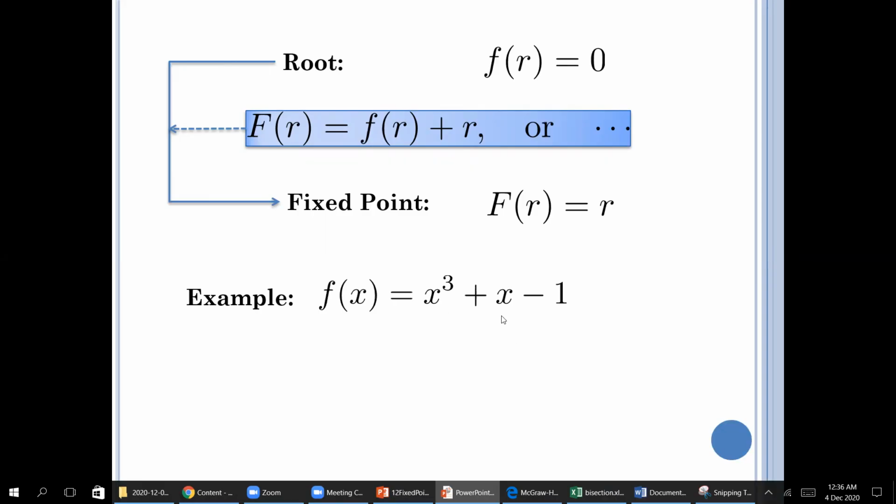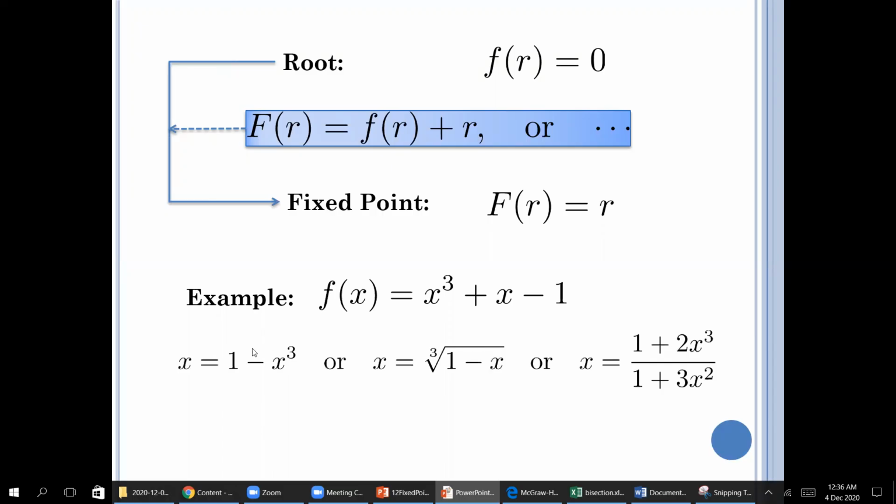So it could be rewritten as x is equal to 1 minus x cubed. Am I right? We're going to transpose. Since f at x is equal to 0, 0 equals x cubed plus x minus 1. So you transpose x cubed and minus 1 to the other side, and we have 1 minus x cubed. That's one derivative of this equation.